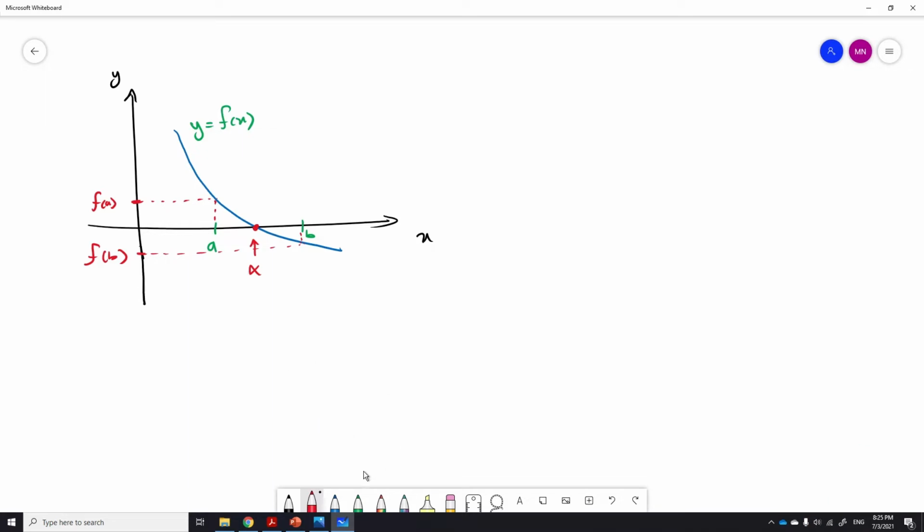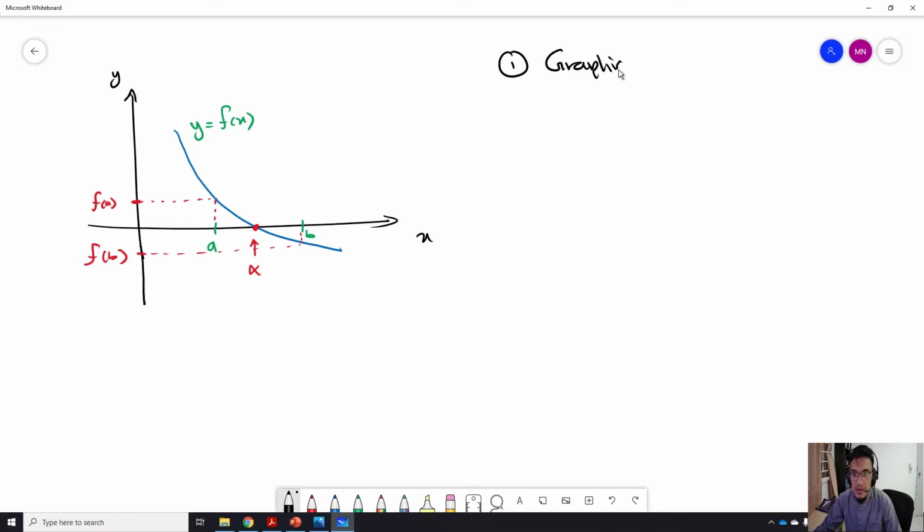Okay, so there are two methods to find the roots of the graph. The first method is to solve it by using the graphical method. Let's say we have a graph. I have to draw the graph first, and this is y and this is x, and we have a graph that is shaped like this.